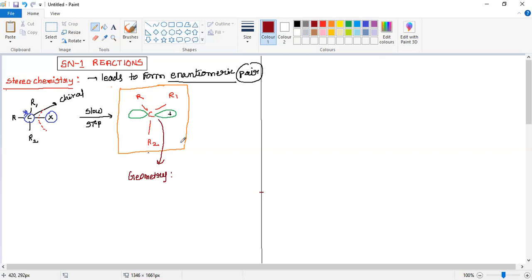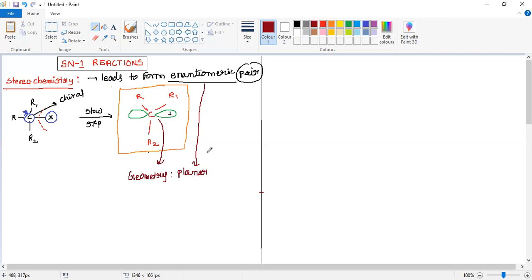It is planar. So the enantiomeric pair forms due to the formation of a carbocation whose geometry is planar.